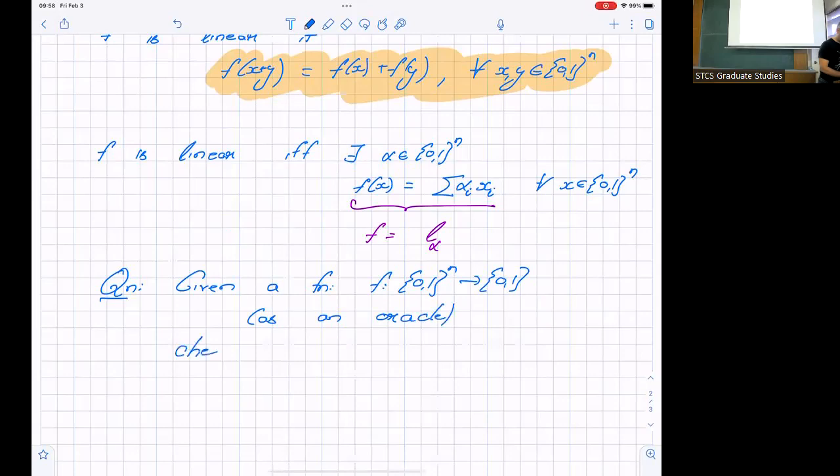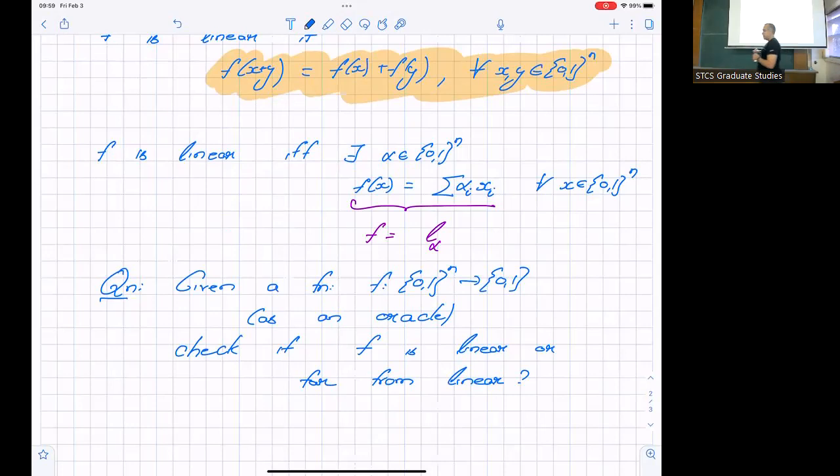Check if f is linear or far from linear. Prahladh, you show that for every linear function there is an alpha, and they form a vector space. Yeah, they form a vector space, and these are also linear functions.